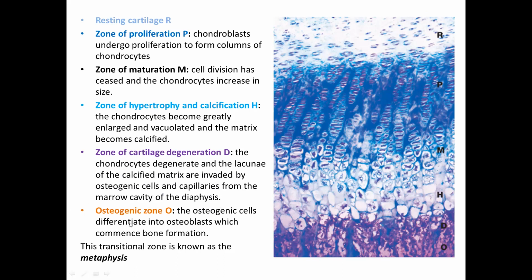And then you have the osteogenic zone where the osteogenic cells differentiate into osteoblasts and start to lay down bone. So they produce bone matrix proteins, and these osteoblasts get trapped in the matrix and become osteocytes. The transitional zone here is known as the metaphysis.